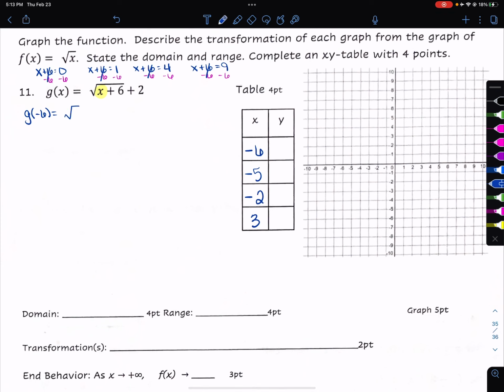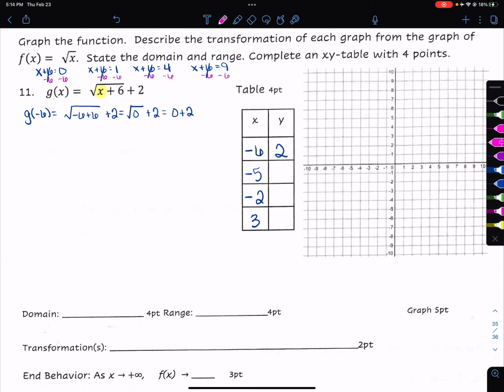So I have the square root of -6 plus 6, and then plus 2 is outside of that. -6 plus 6 gives me the square root of 0, and I still have this plus 2. Square root of 0 is 0, and 0 plus 2 gives me 2 as the output.